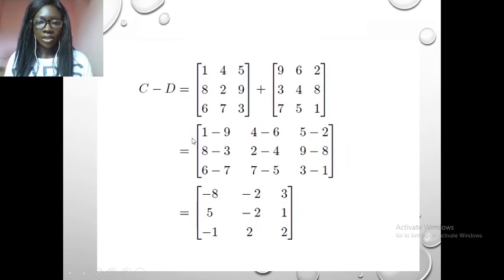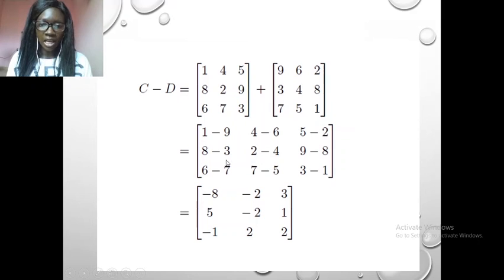Now in this case we are subtracting C minus D, so we are going to have 1 minus 9, 4 minus 6, 5 minus 2. Sorry, this is supposed to be a minus sign. When you are copying your notes, this is already in your notes, so just put minus here. I'm sorry for this. So here we have 8 minus 3, 2 minus 4, 9 minus 8. Again, we have 6 minus 7, 7 minus 5, 3 minus 1.